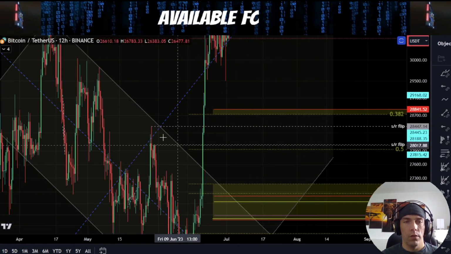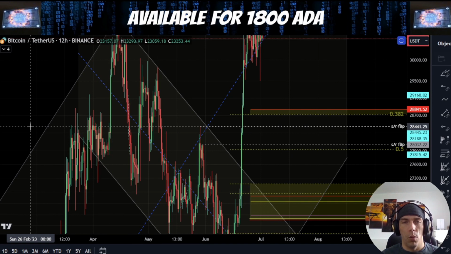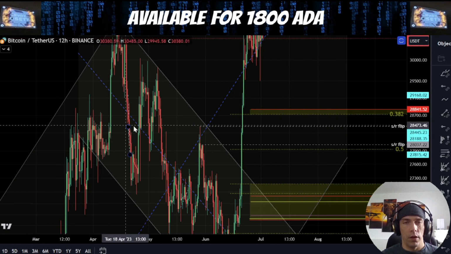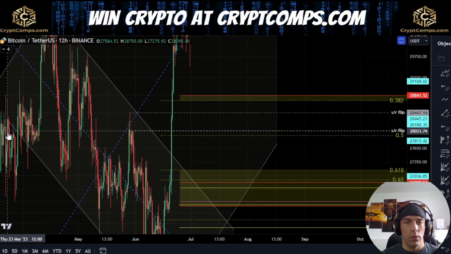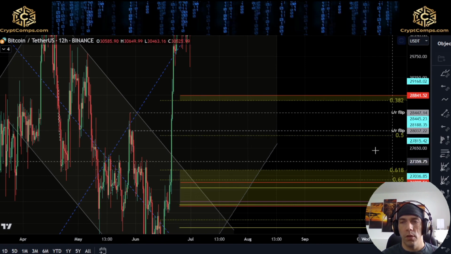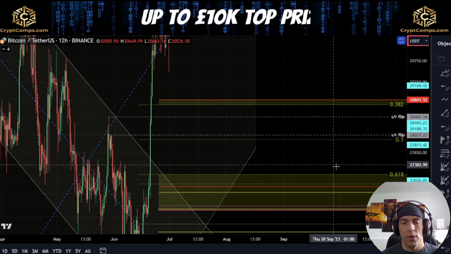As well as that, we have some highs here, which could be potentially interesting. This one towards 28,440 could be quite an interesting level because we could potentially look to flip this into support. Alternatively, if we look to break down, we also have this 50% retracement, which is sitting towards this 27,930 to 28k level.